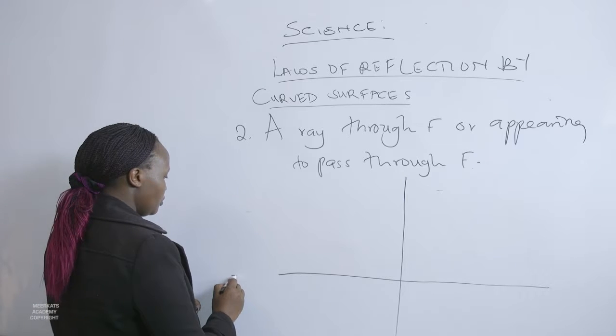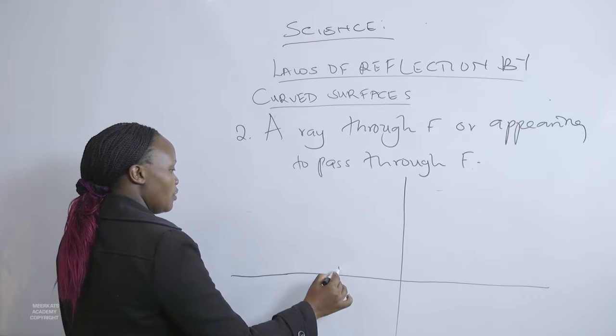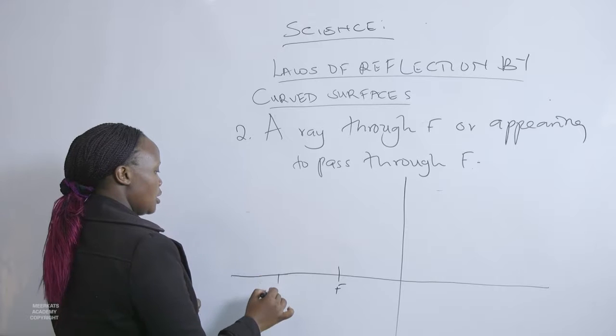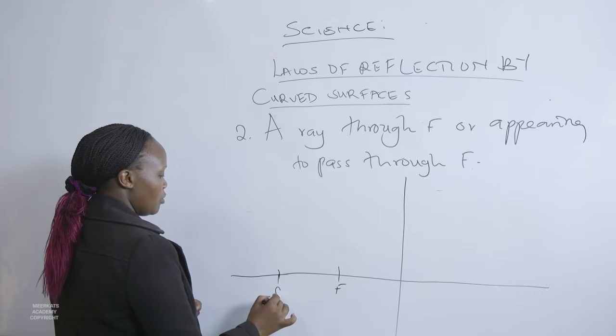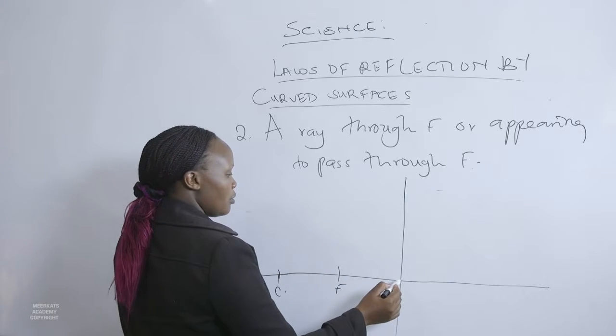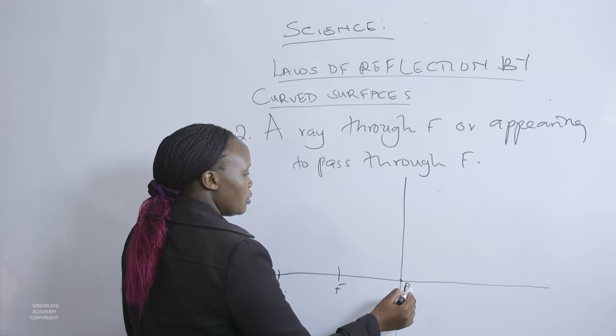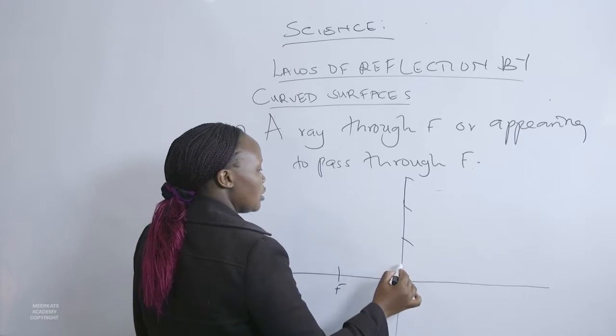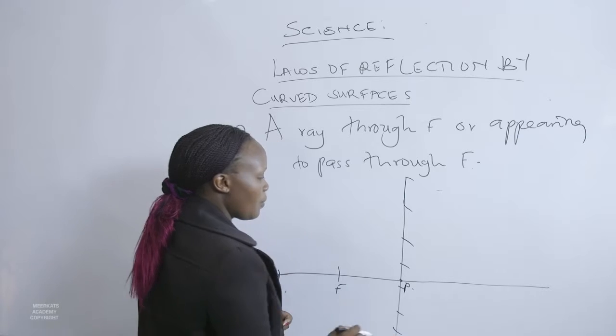We have our F here, then we have our C. Here we have the pole of the reflecting surface.